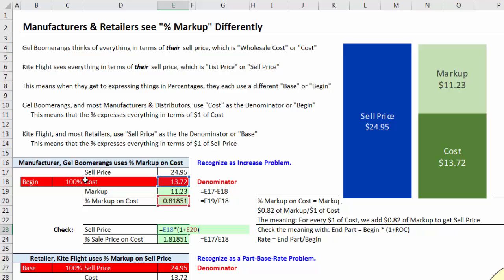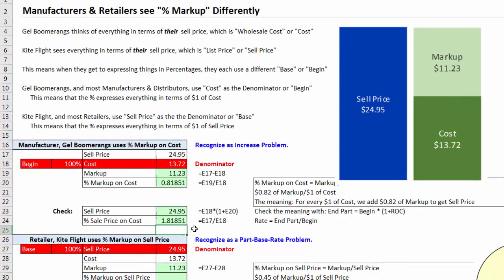Many times the businesses know the cost, and they themselves define what the percentage markup on cost should be. So they use this formula to calculate sell price. But of course, if we had the sell price and the cost, we would just do that division, and it would give us $1 plus our markup on cost. Now this is from the manufacturers or distributors or cost side.